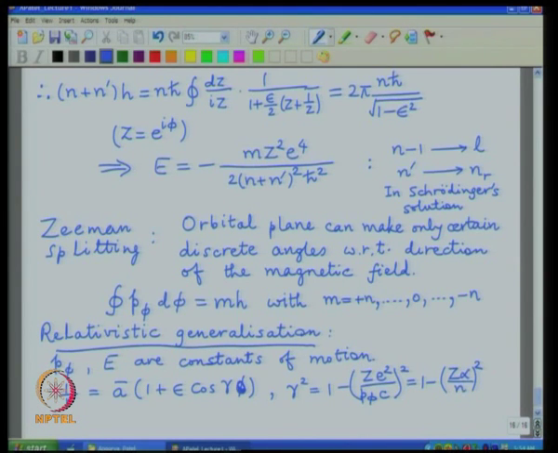So, phi is periodic with 2 pi and r is periodic with 2 pi by gamma.